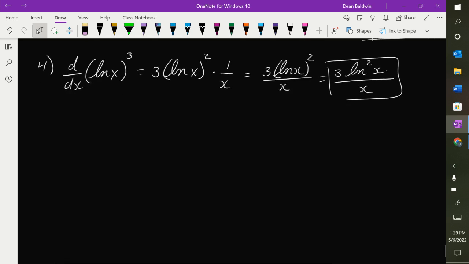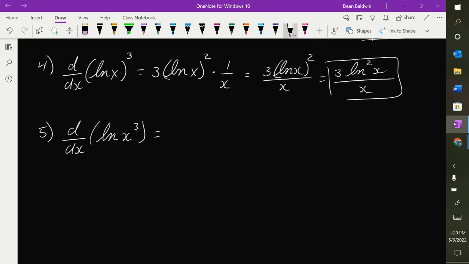What if you have an exponent on your argument, such as that? Well, your log, there's 2 ways to do this. One is we can follow u prime over u. So the derivative of x cubed is 3x squared. And then the x cubed goes in the denominator.